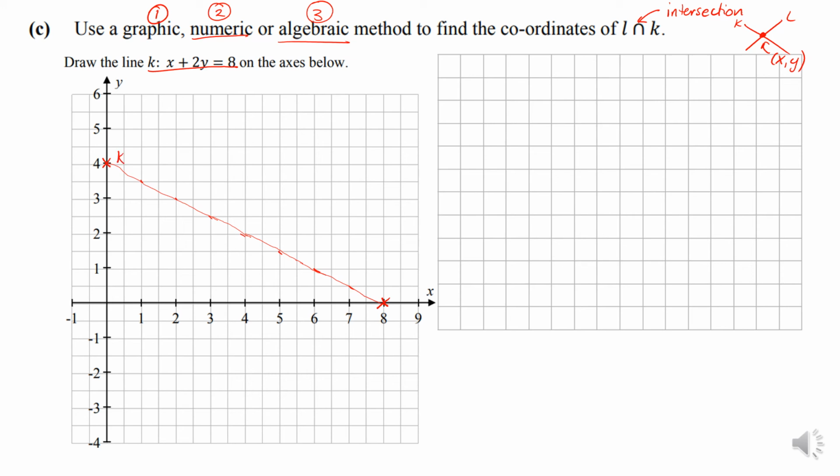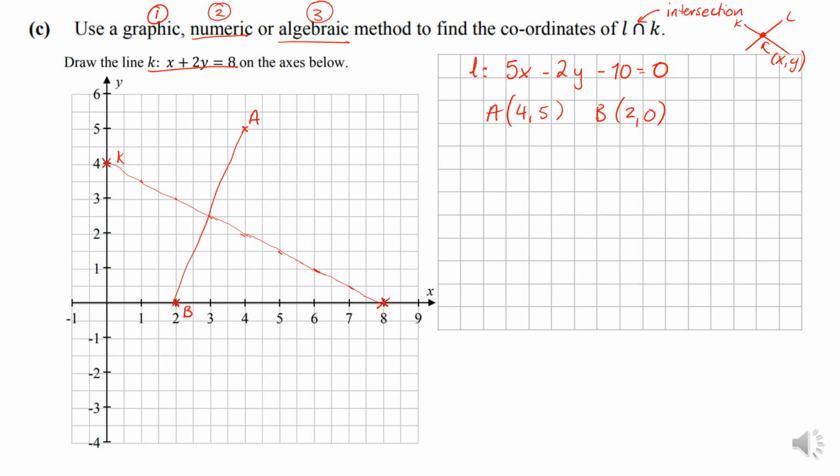Now line L, if you recall from part A, we found out that it had the equation 5x minus 2y minus 10 equals 0. We can find x and y coordinates for where it crosses the axes, or we can use the fact that we were given points A and B in the first part of the question. So point A was (4, 5), which is here, and point B was (2, 0), which is here. And again, using a nice straight ruler, we can join those up.